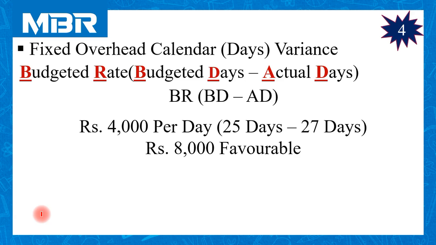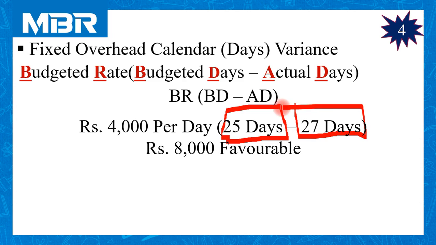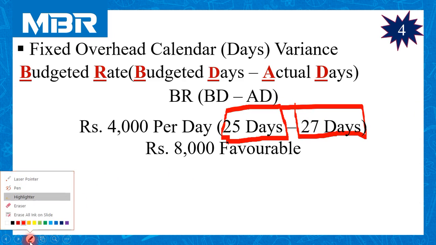Budgeted rate rupees 4000 per day. Budgeted days 25 and actual number of days 27. It means we have decided to get the work for 25 days in the month, but we have actually received work of 27 days from our employees.